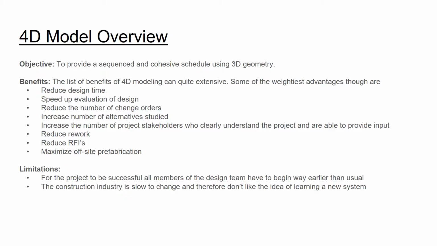So next we're going to go into the 4D model overview. Our objective was to provide a sequenced and cohesive schedule using 3D geometry. We did that in Navisworks, as you will see on the next slide. We actually have a 4D schedule prepared to show you in this presentation.